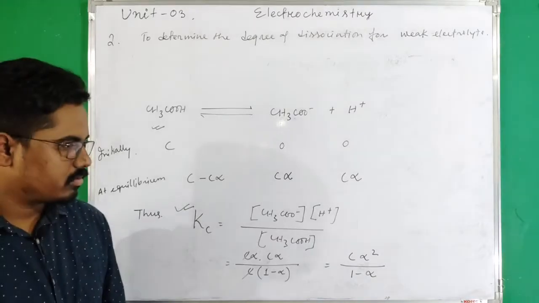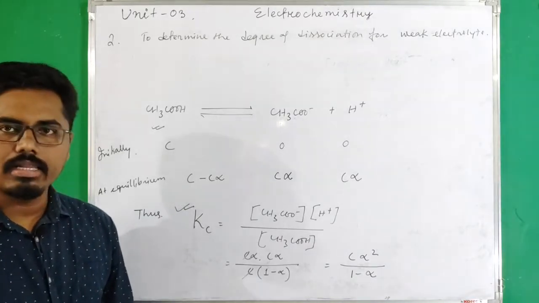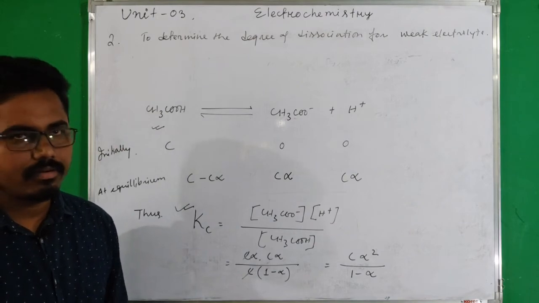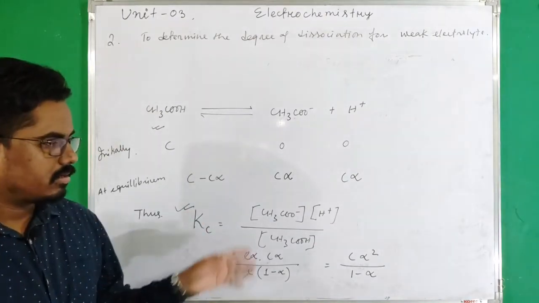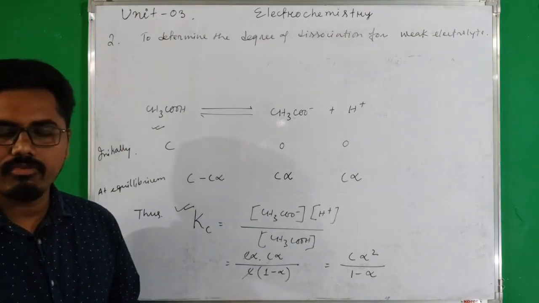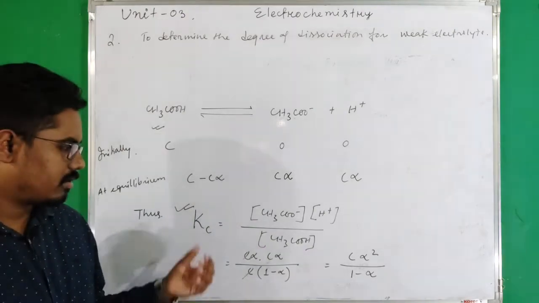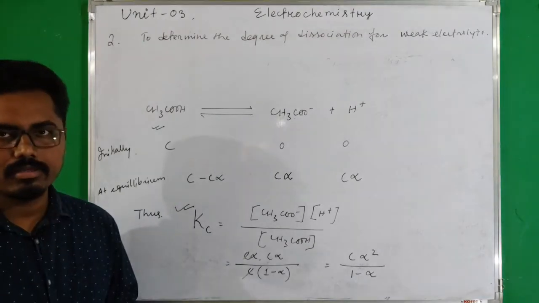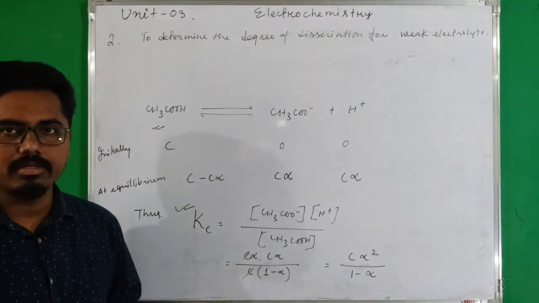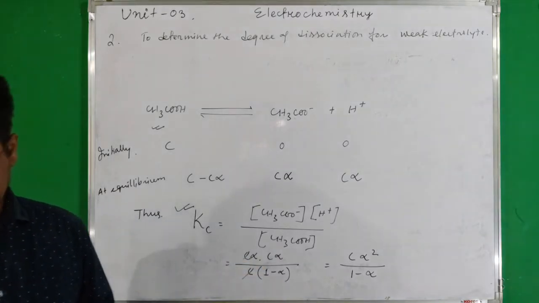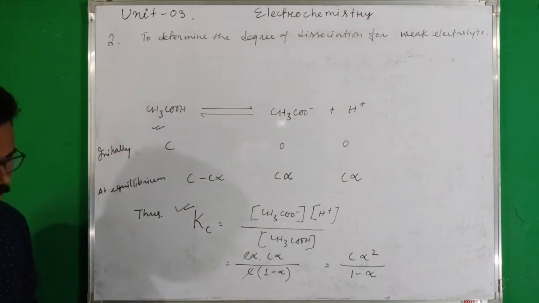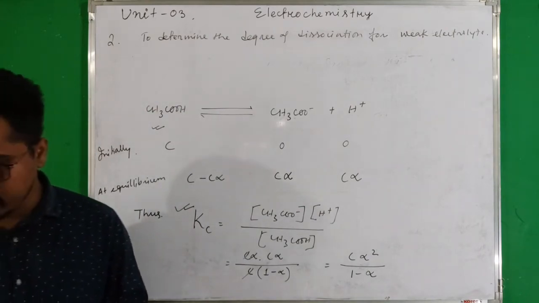The first one is to determine the limiting molar conductivity of a weak electrolyte, and the second one is to determine the value of degree of dissociation for a weak electrolyte and then the value of dissociation constant from the known value of degree of dissociation. Okay, so now let us solve a numerical related to degree of dissociation.